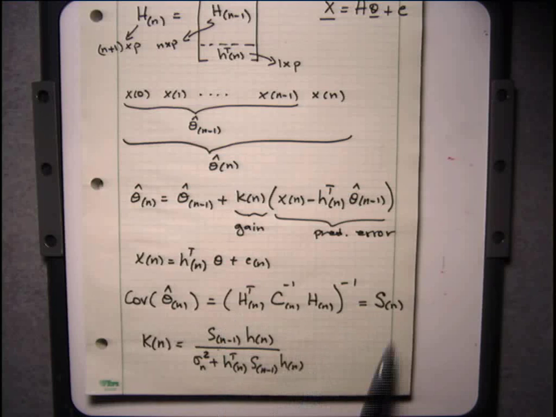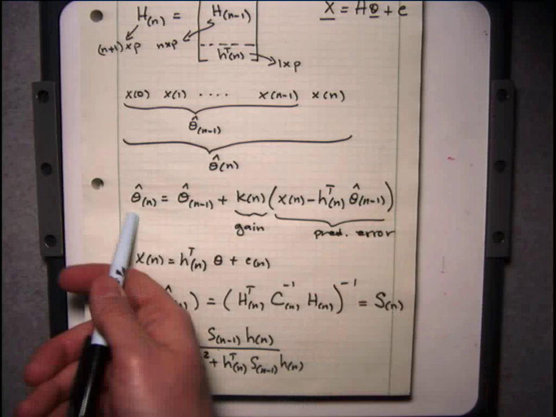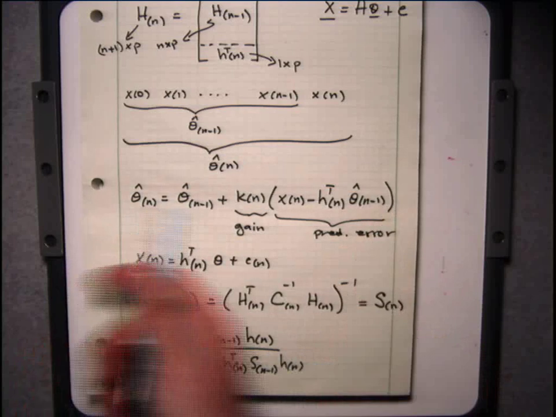In fact, if you rewrite this so that you were to invert this side, you write this as an S inverse, then what you see here is K is basically telling you how much weight to give this new data point.